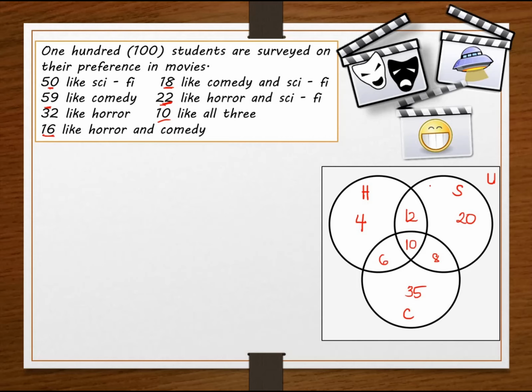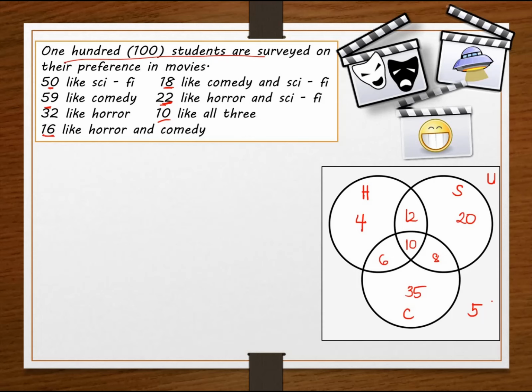Are there elements outside of the 3 circles? Let's add all the entries inside the 3 circles. We have 95. Again, there are 100 students surveyed on their preference in movies, so we write 5 on the outside.